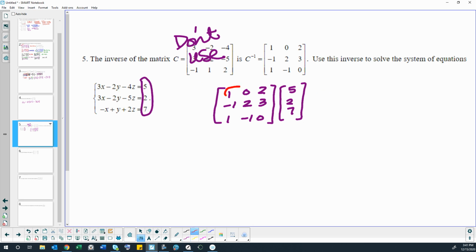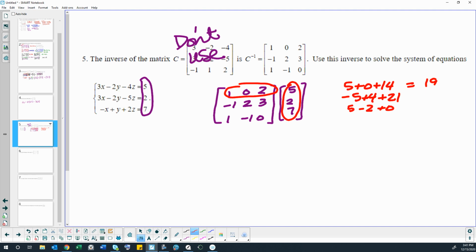Okay, then we do our multiplication. So 1, 0, 2 times 5, 2, 7. So 1 times 5 is 5, and we have 0, and then we have 14. Negative 1 is negative 5, 2 times 2 is 4, 3 times 7 is 21, and then we have 1 times 5, negative 1 times 2, and 0 times 7.